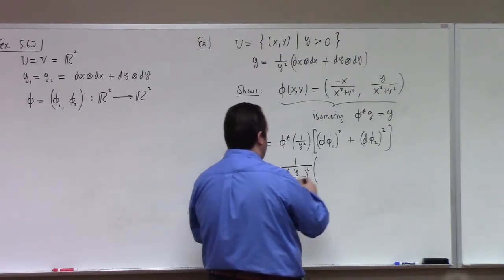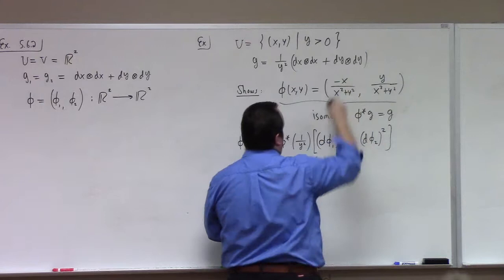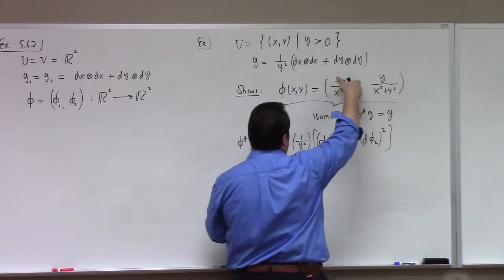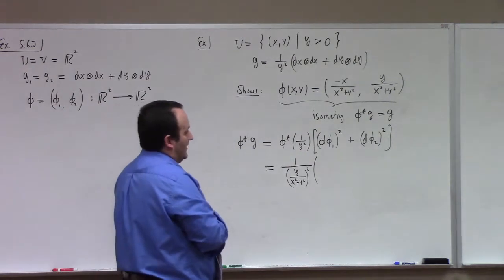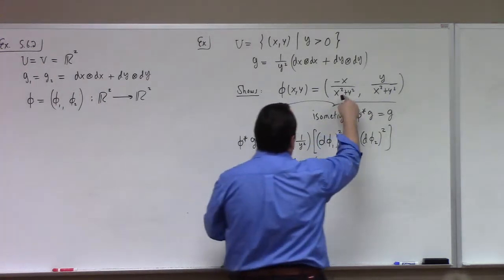What is d phi 1 here? What's the total differential of that? Let's start out here. What's the x derivative of this?